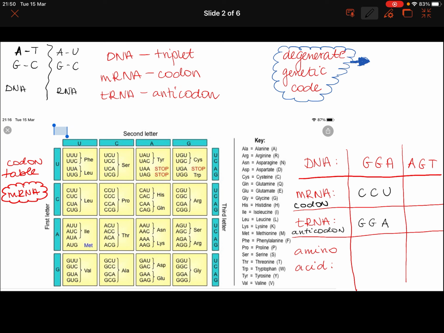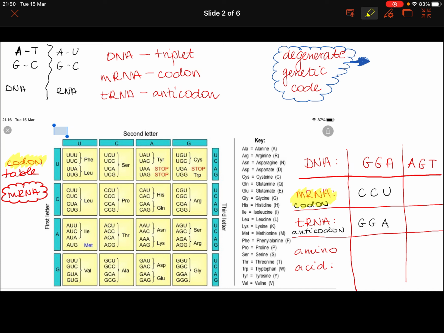Now I've got 3 sequences on DNA, mRNA and tRNA. I want to find out what is the amino acid coded by those sequences. And remember, to find out the amino acid from the codon table, I need to follow the sequence on mRNA.